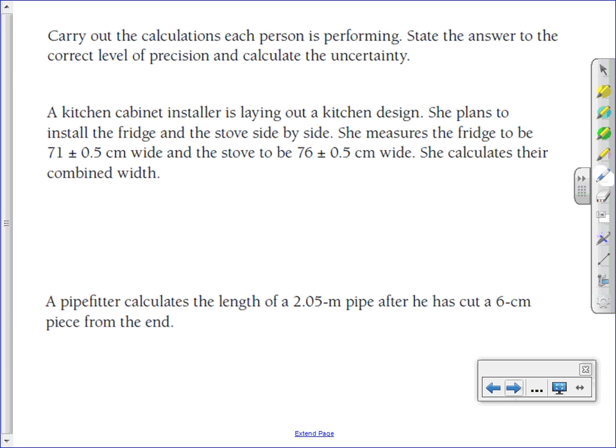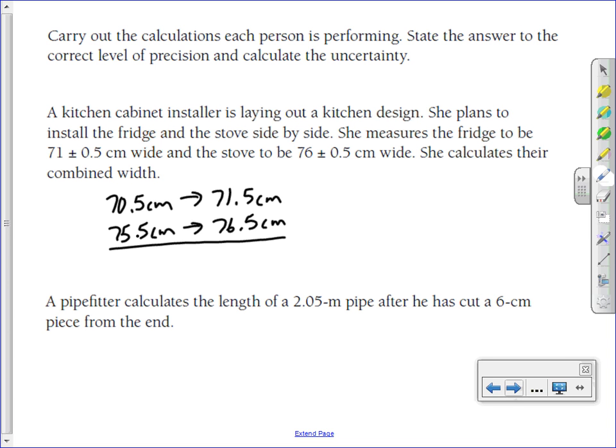And if I think of 71 plus or minus 0.5, if I go down 0.5, that's 70.5 centimeters to 71.5 centimeters. And we talk about the stove, 76 take away 0.5 is 75.5 to plus 0.5 would be 76.5. So when you talk about the range of the totals, you'd have to add that together.